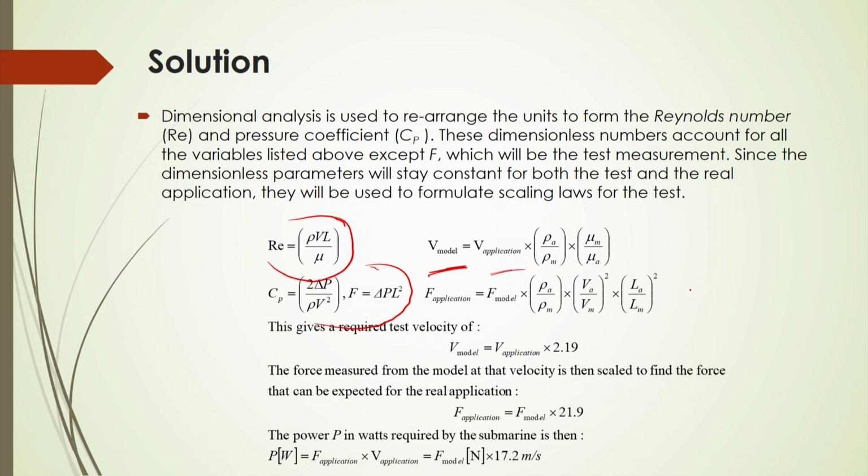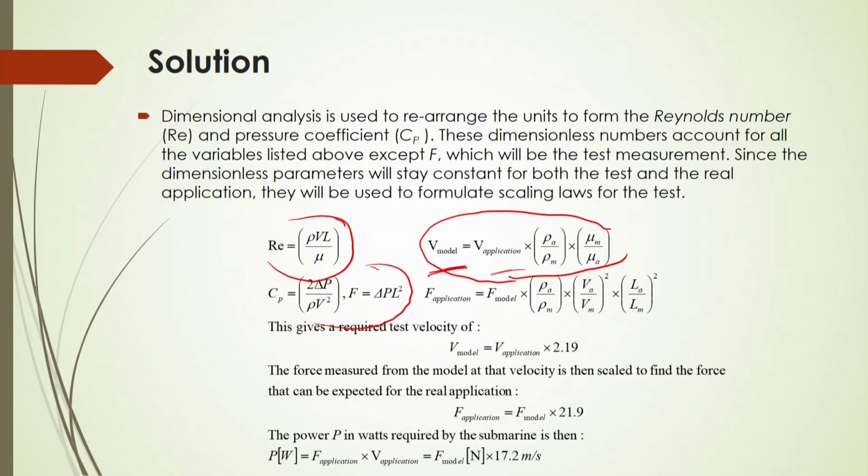Based on the similarity of the Reynolds number, we are getting the velocity for the model, that will be the velocity of the application into rho a by rho m into mu m by mu a. A is for application, m for model here. In this case the application is the prototype.